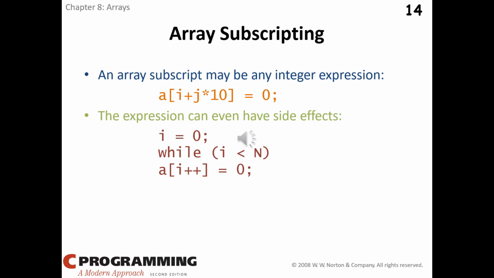But wait, there's more. Our expressions can even have side effects, just like unexpected things when we're running a program. Take a look at the loop with the red color. Here we are not only setting our array piece to 0, but we are also increasing the value of i with each iteration. The issue with this code is that it may lead to undefined behavior.